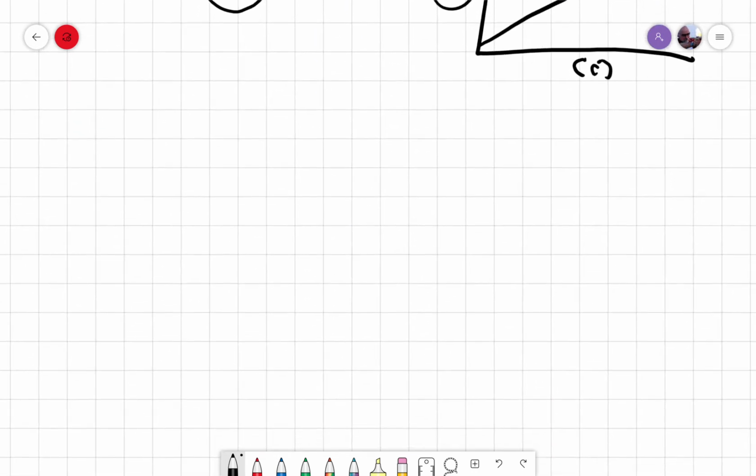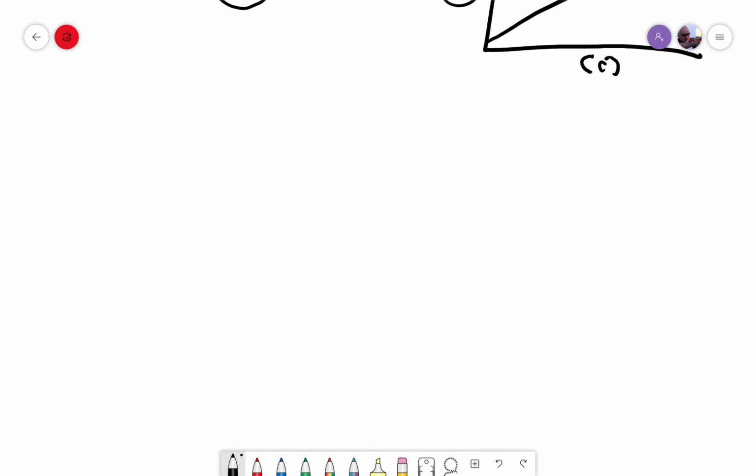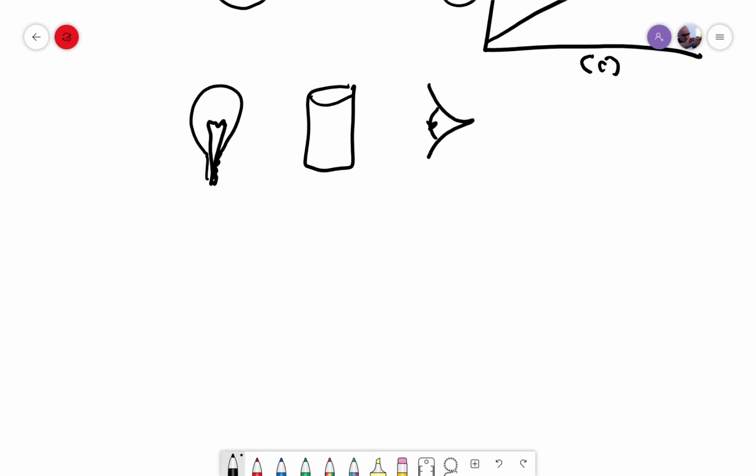The key is, what is the difference between them? And we have to just look, again, really briefly at a basic block diagram of how these are done.